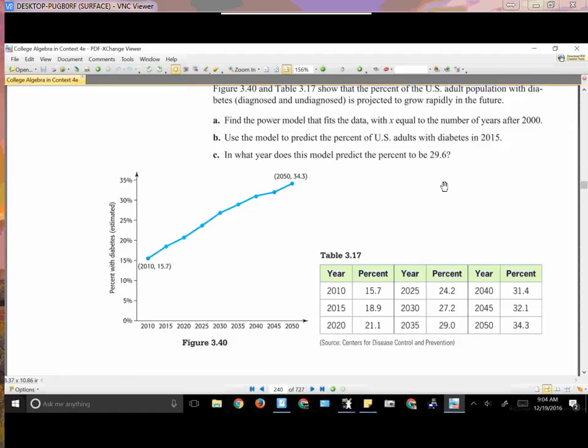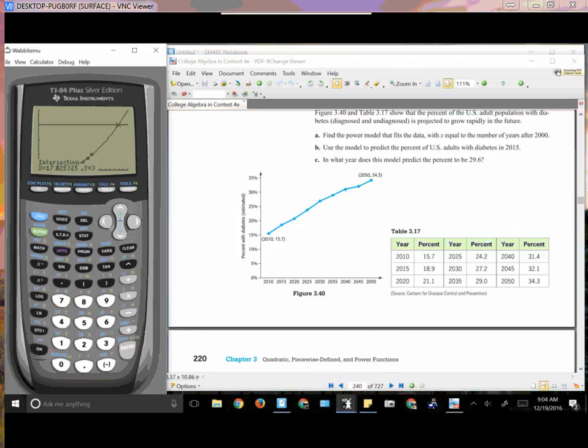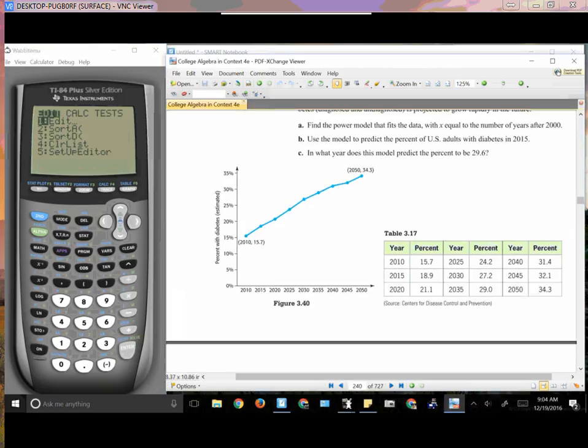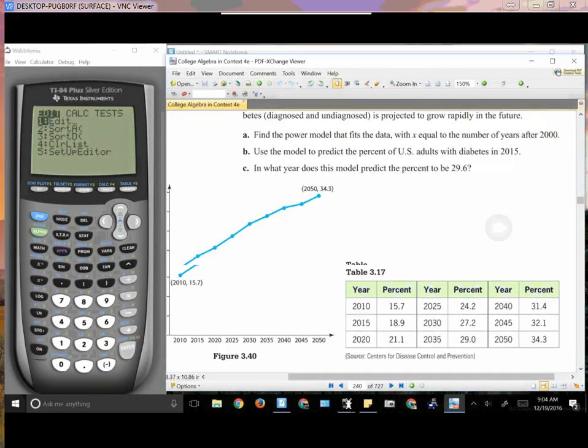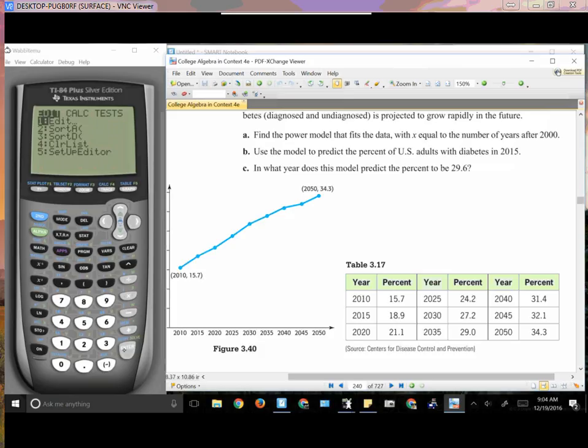Give it a try. So, grab your calculator. And I've actually found resetting it's almost the easiest way to clear out everything so you can start fresh again. They want this for the number of years after what? After 2000. So, edit.